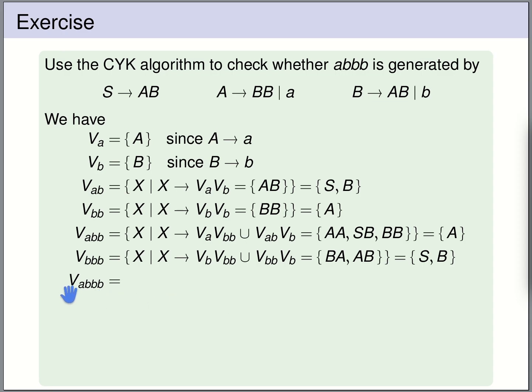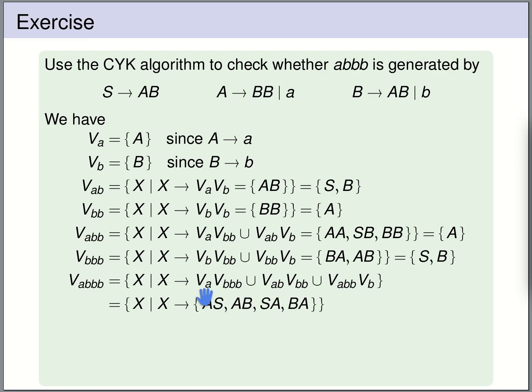Now finally we get to VABBB, that's our input word, and there are three possible ways to split this. Either into A and BBB, AB and BB, or ABB and B. What do we get?